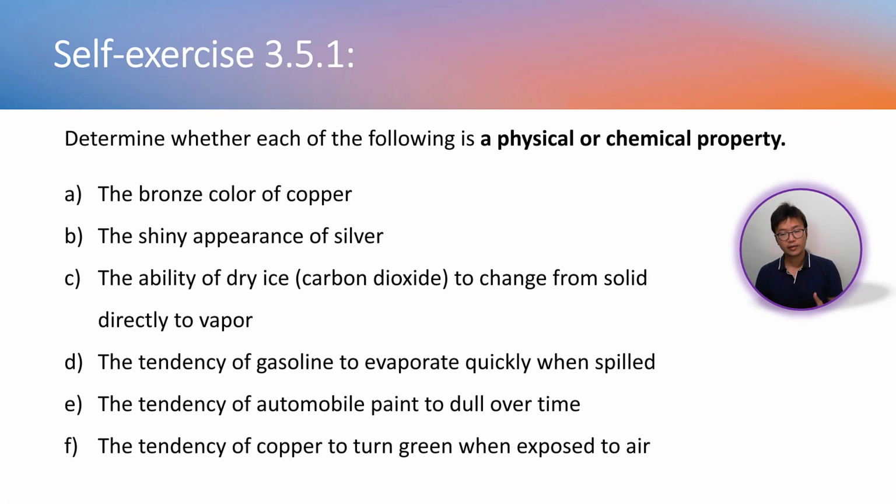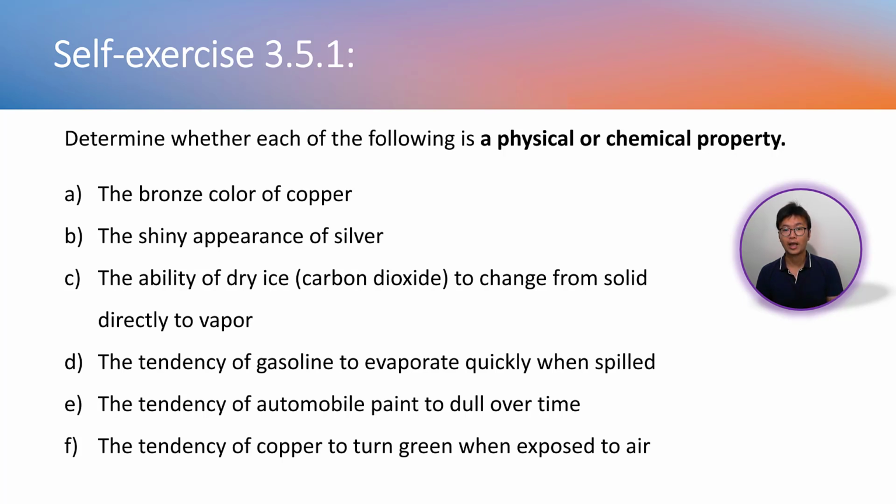So I have this self-exercise for you to practice, because we just spent quite a bit of time talking about physical property and chemical property. I want you to go through each statement, and determine whether the statement is describing a physical change or chemical change. Once you understand how to distinguish between the two, try to adopt this as you go to the lab, and try to write out some physical characteristics of a substance.